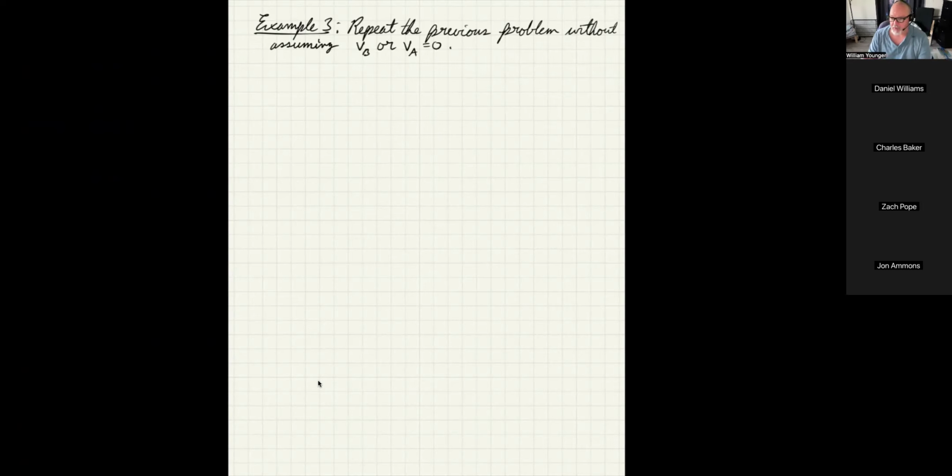In other words, we're going to assume both of them are moving. We don't know necessarily anything about them moving. We know that they're moving, so we're going to try to find out what we get with that. Does that make sense to everyone?